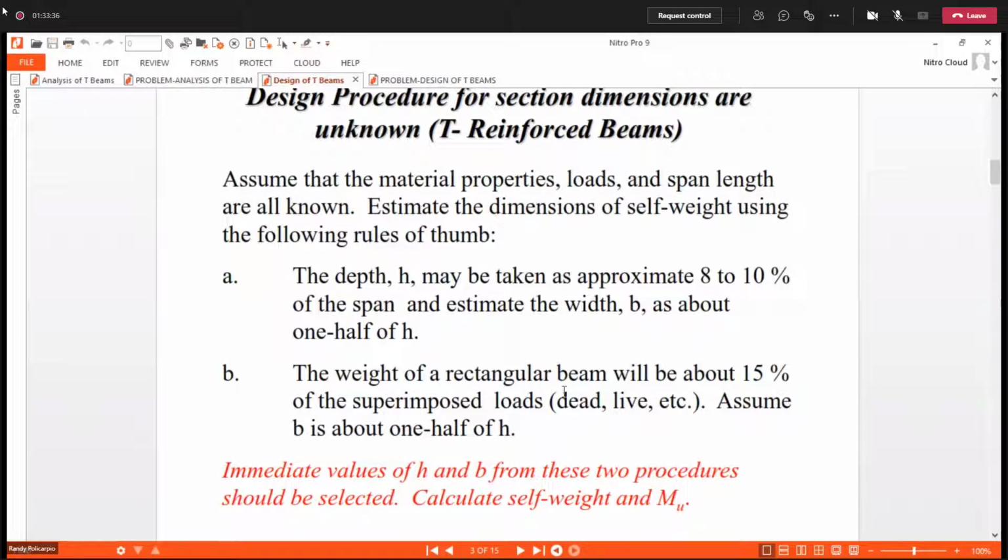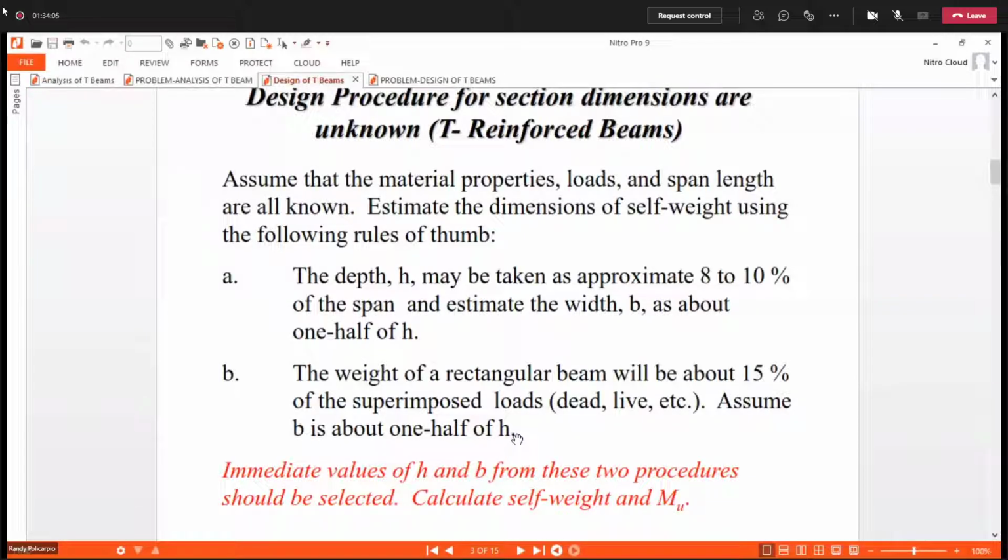Now, another one, we have this one, no? The weight of the rectangular beam will be about 15% of the superimposed load. You may assume a B, and then B will be 1/2 of H, no? So yung B naman ang i-assume mo, then to get H, you simply multiply B by 2 to get H, no?